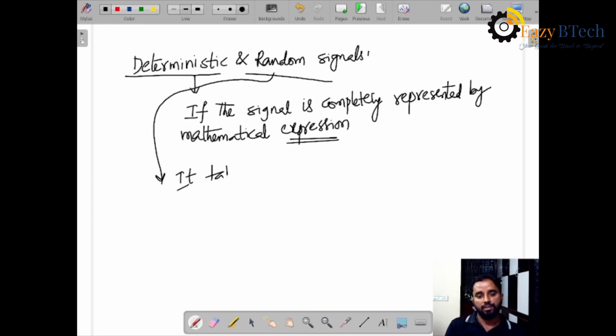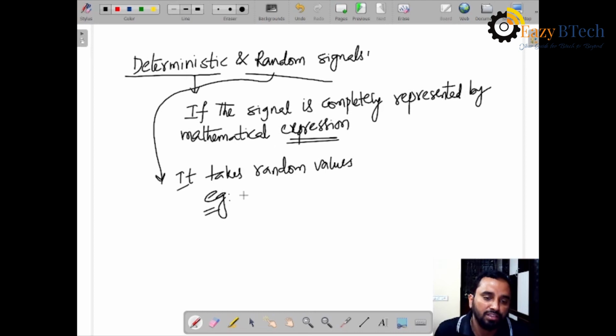Okay, it takes random values, that is a random signal. The example for a random signal is a noise signal, thermal noise.